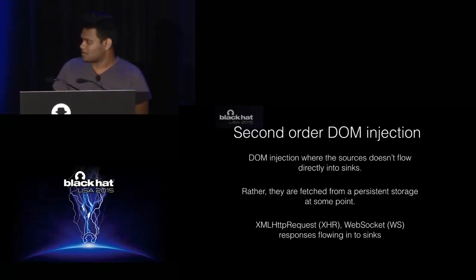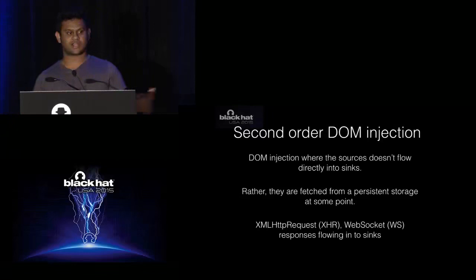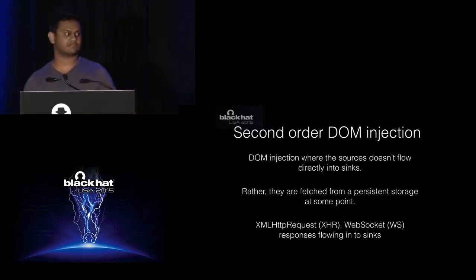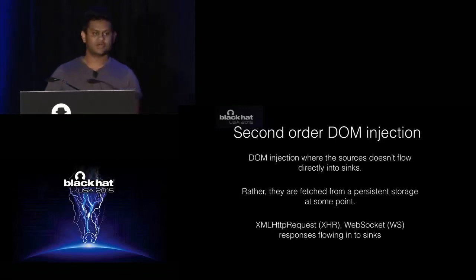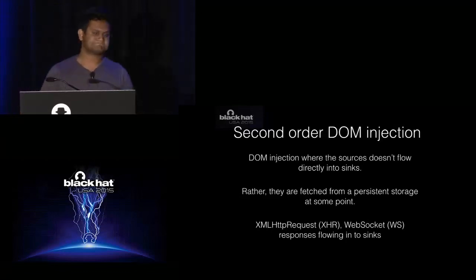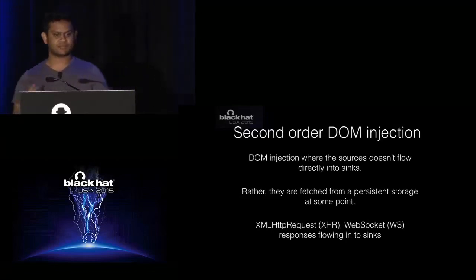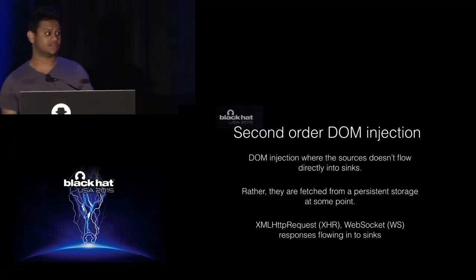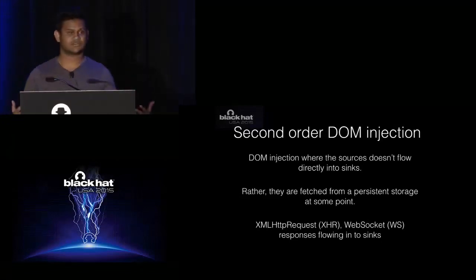So rather than having a source and sink directly on the DOM, your source is somewhat delayed, in the sense that it's coming from a persistent storage. For example, today you register for a website and store your username. And after 5 days, someone writes vulnerable code which uses a sink, where the source is an XHR response which comes from a database.